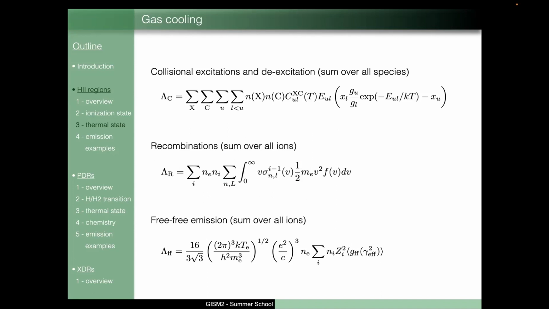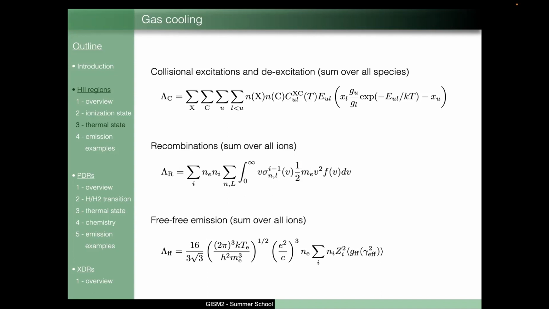So this is what you have here. And for each recombination, we assume that we lose 1/2 m v squared of the electron energy, but we have to integrate this over the distribution of velocity of the electrons that we assume to be Maxwellian, which in fact is Maxwellian in an H II region.